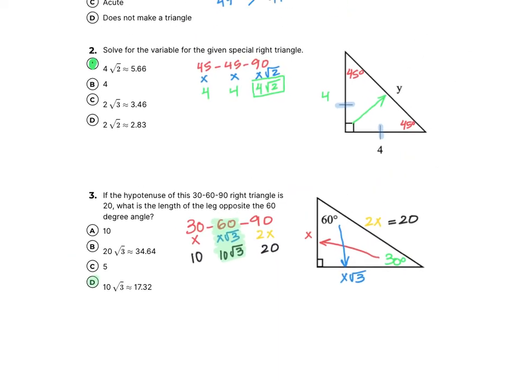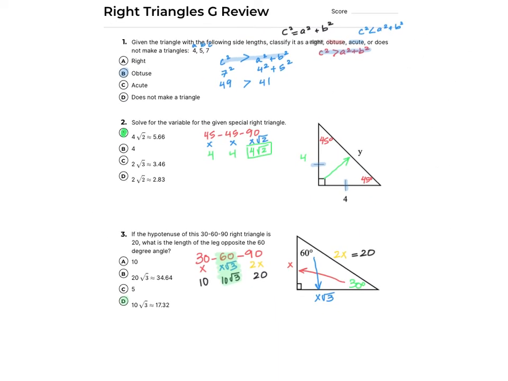So on this first page of the review, we reviewed the concept of figuring out whether the triangle is right, obtuse, or acute by using the formula c squared equals a squared plus b squared for right, c squared greater than a squared plus b squared for obtuse, and c squared less than a squared plus b squared for acute.